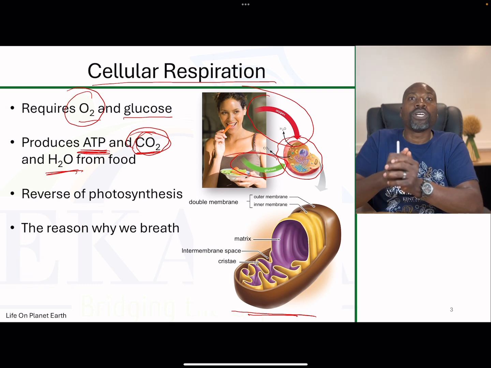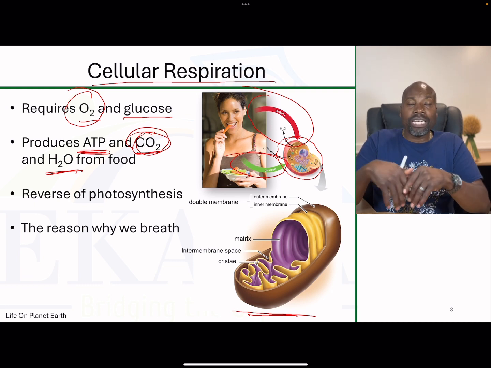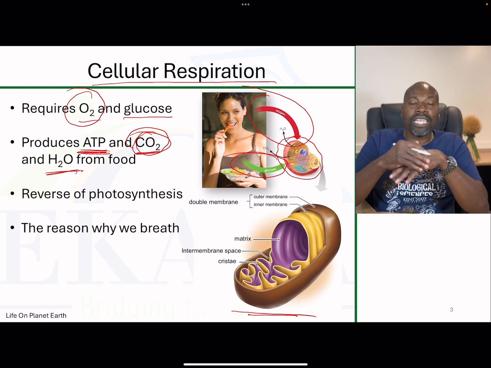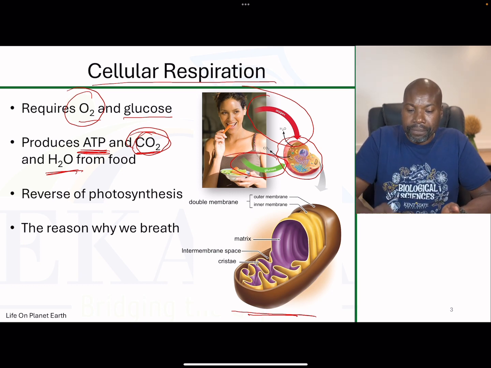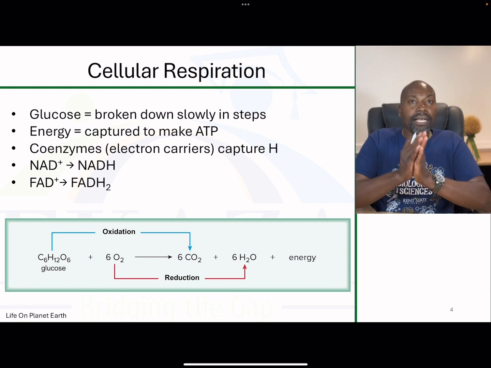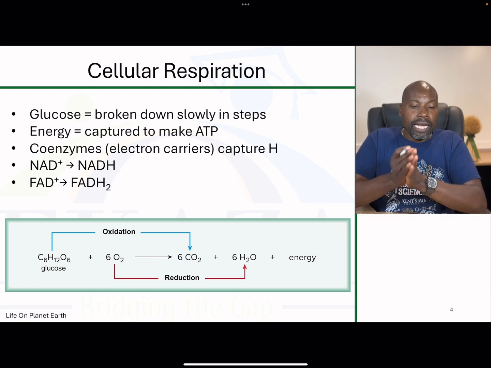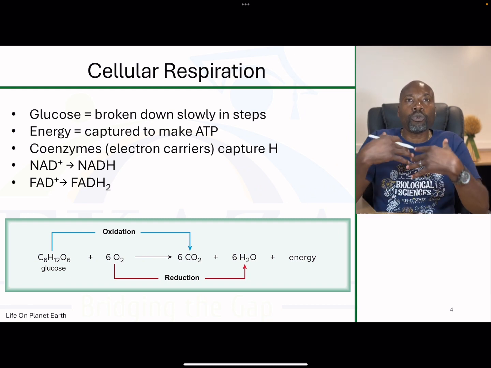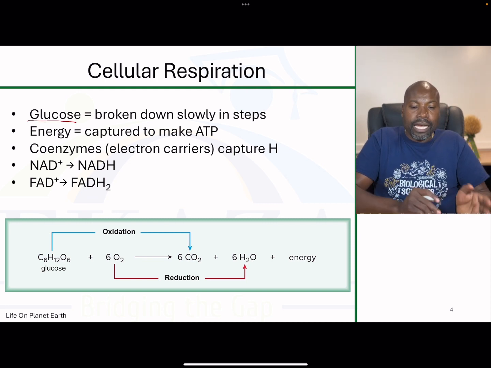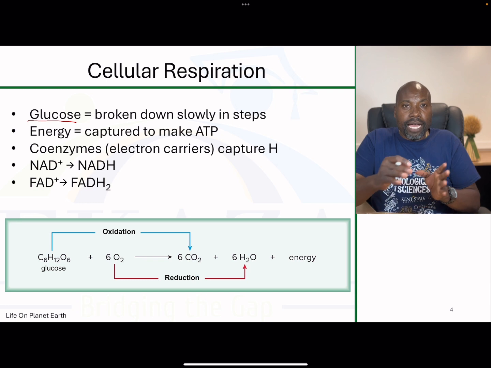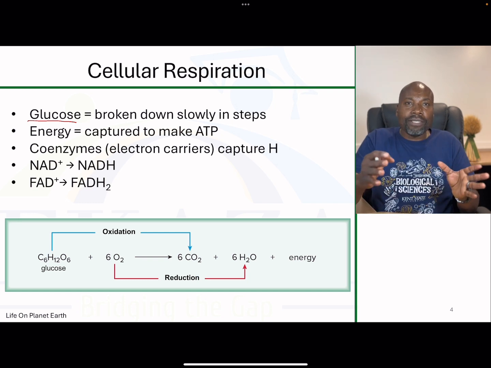Yes, they also do cellular respiration and release carbon dioxide. Okay, just know that. All right. Now, cellular respiration is a process by which the food we ingest, in this very case, glucose, right, is broken down. And as glucose is broken down, it's going to release energy.